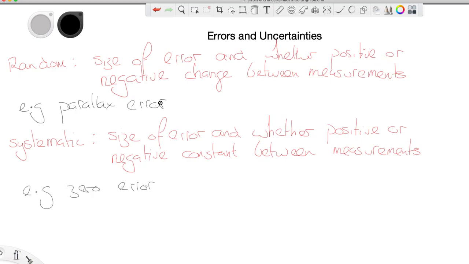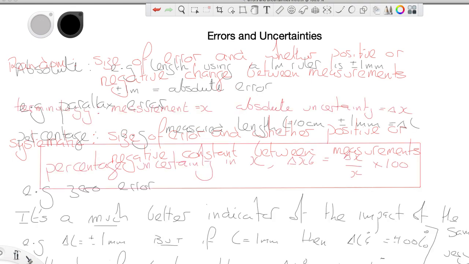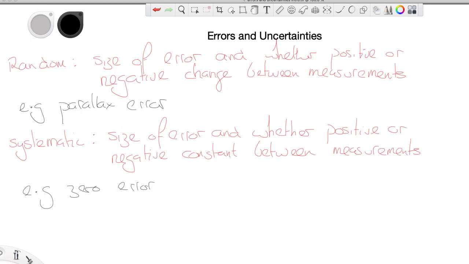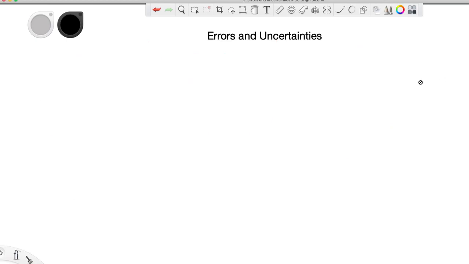So a parallax error, for example, if you imagine looking at the level of liquid in a measuring cylinder. So of course the meniscus is here.